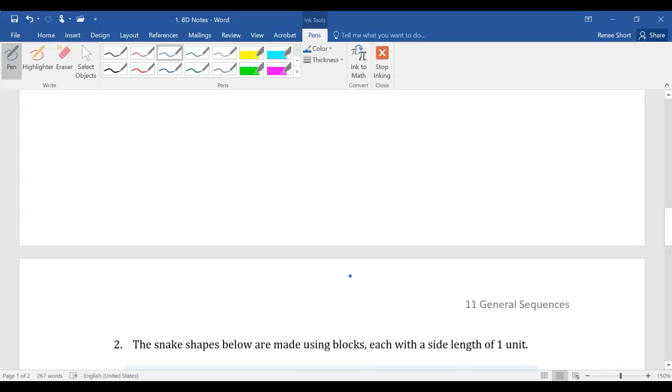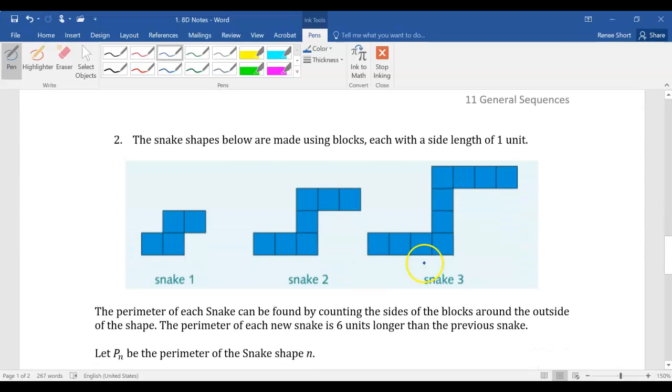If I scroll on down, I have another example for us to do. This one's from our textbook. It does have some snake shapes. It says the shapes below are made using blocks, each with a side length of 1 unit.